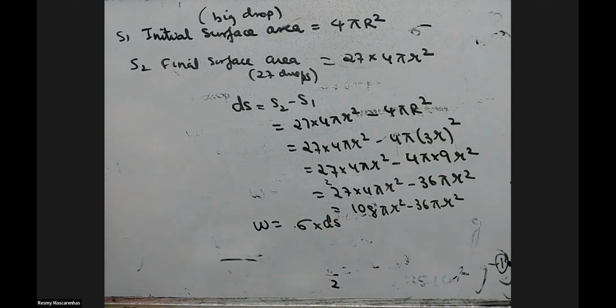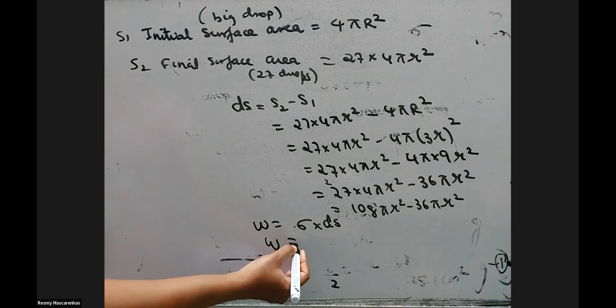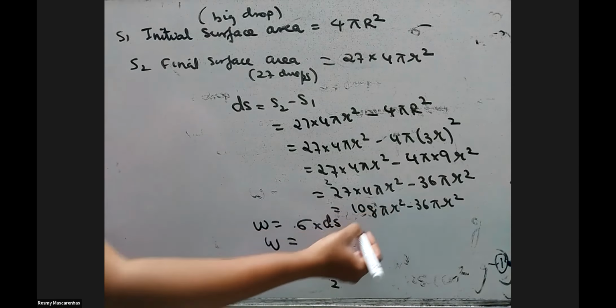If you want, you can convert it back in terms of d, and then write the relation. So work done will be, just minus it from here.